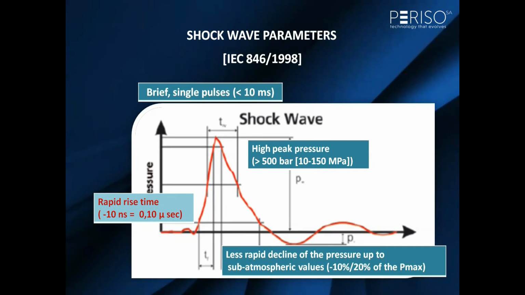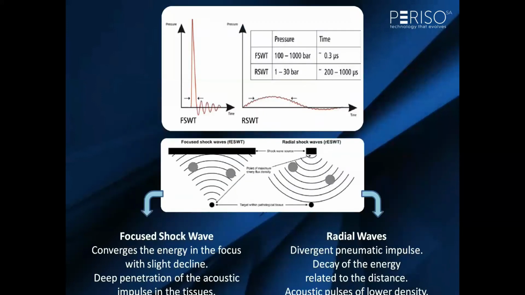The 150 MPa used for kidney stones are not useful for the treatment of musculoskeletal tissues, for example. And as I explained in my presentation, we have low subatmospheric values of the negative phase of the shock waves.